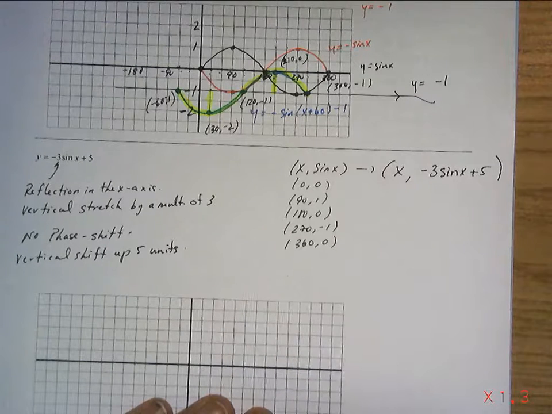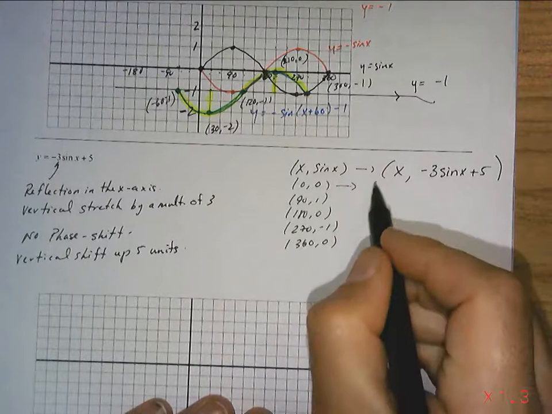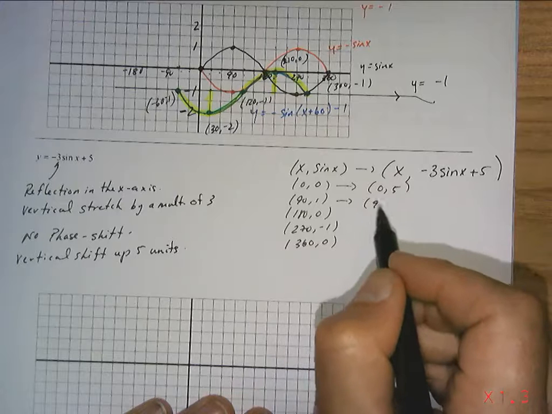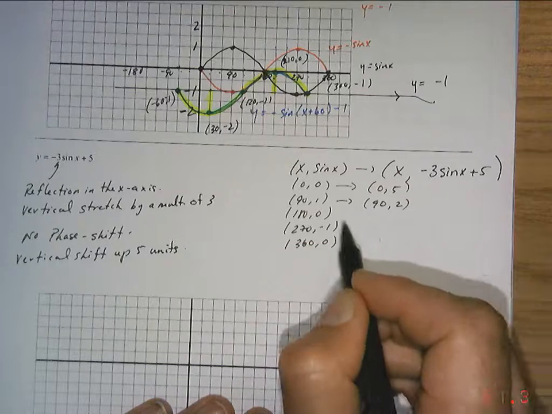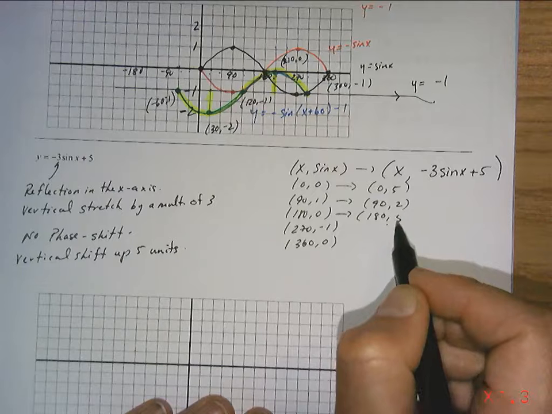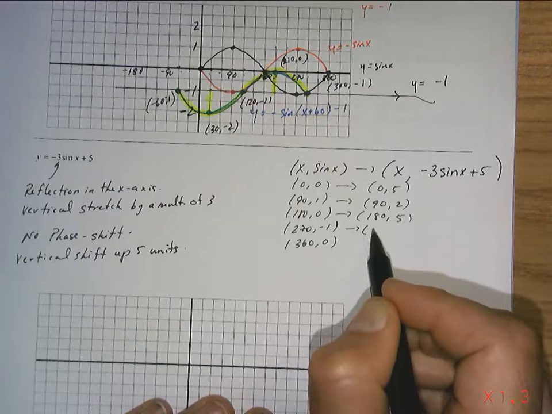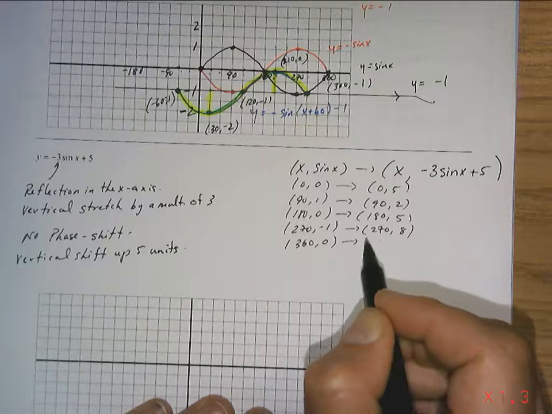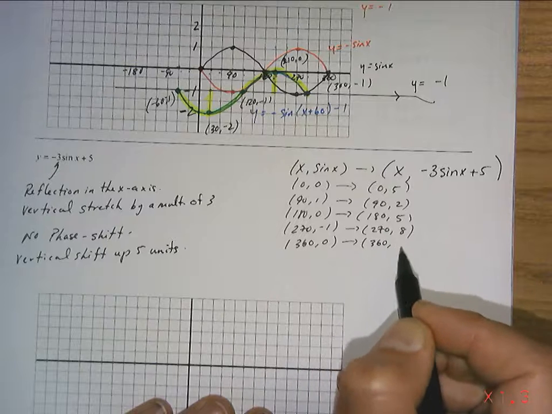That's your normal sine curve. So we'll be going to 0, 5. We'll be going to 90, 2. We'll be going to 180, 5. We'll be going to 270, 8. And we'll be going to 360, 5.